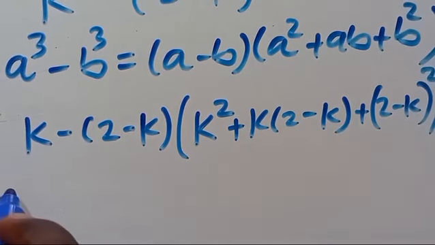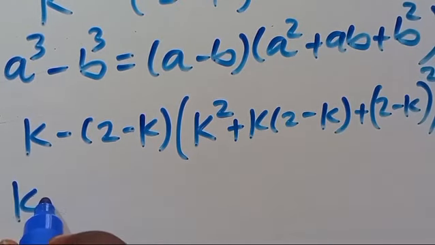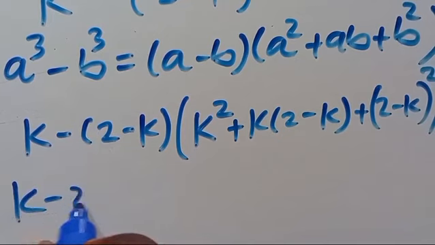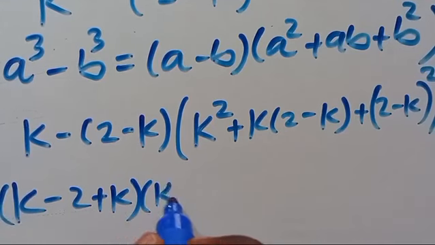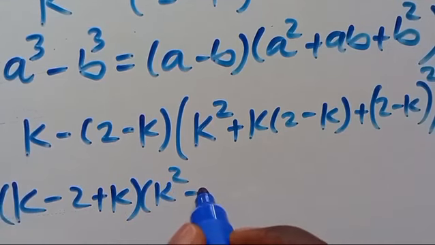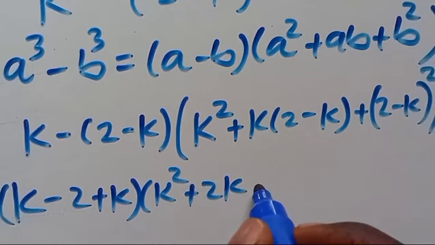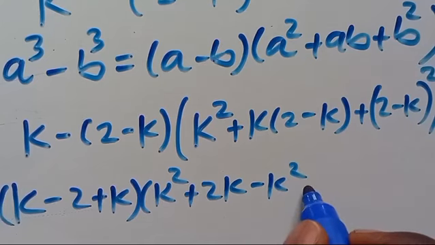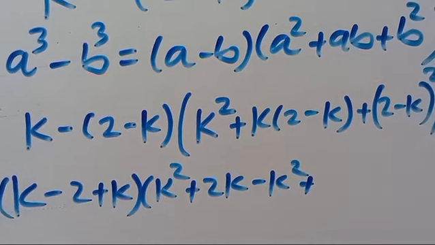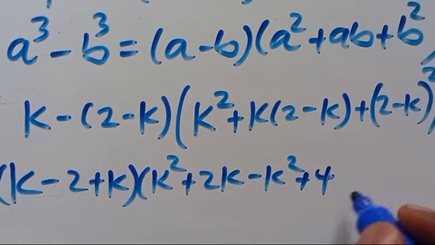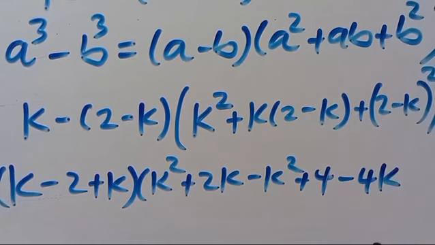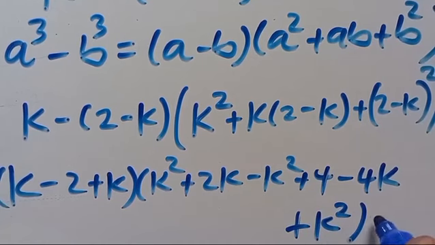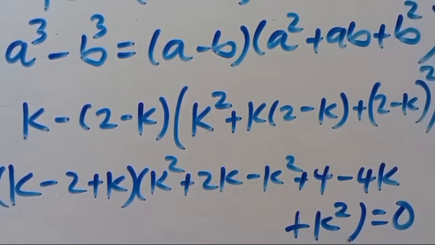So from here we have k, minus times minus will be plus, so plus k, then k², then 2k minus k², plus 4 minus 4k, then plus k², we close it, equals 0.